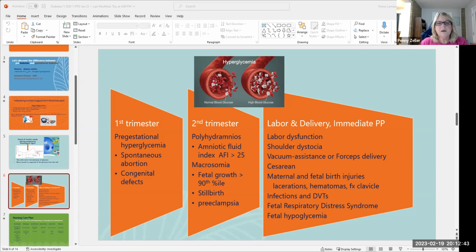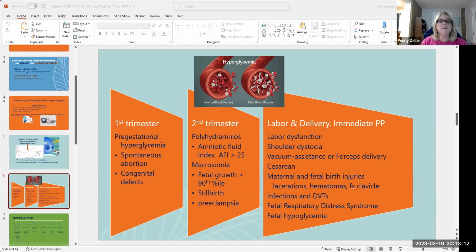So macrosomia and polyhydramnios. Then as she goes into labor, we have to consider the side effects of delivering a large baby: injuries to mom and baby, probably a C-section. Infection too, since she's a diabetic and prone to infections and DVTs.